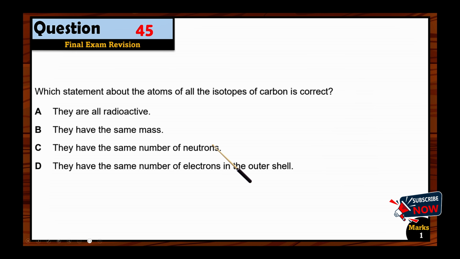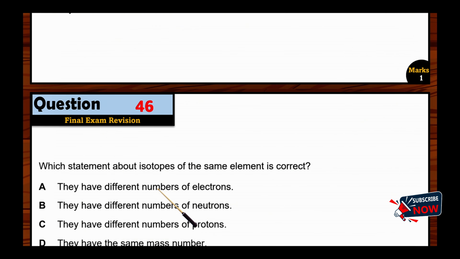No, it's wrong because isotopes only differ in the number of neutrons. Electron and proton numbers are always the same, so that option is also wrong. They have the same number of electrons in the outer shell. Yes, that's right, because the proton number is the same, so the electron number will also be the same, and the arrangement will also be the same. So option D is correct.